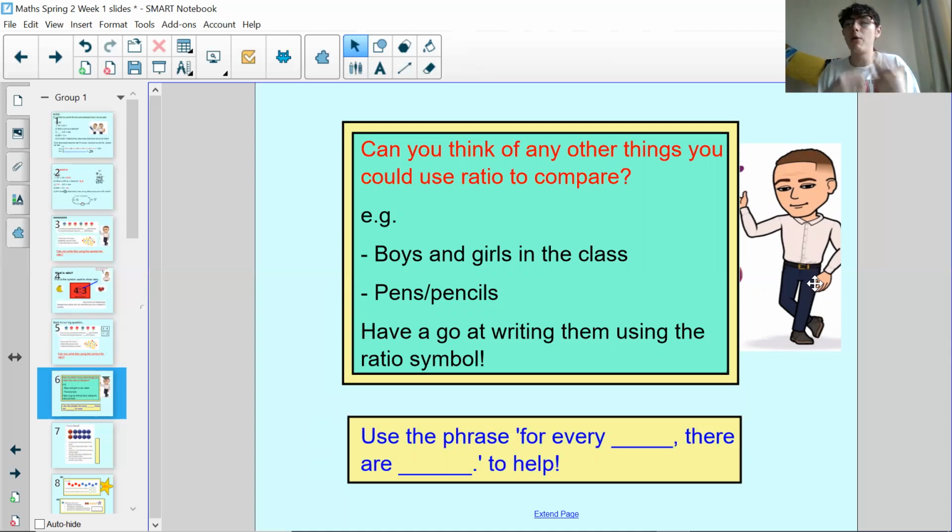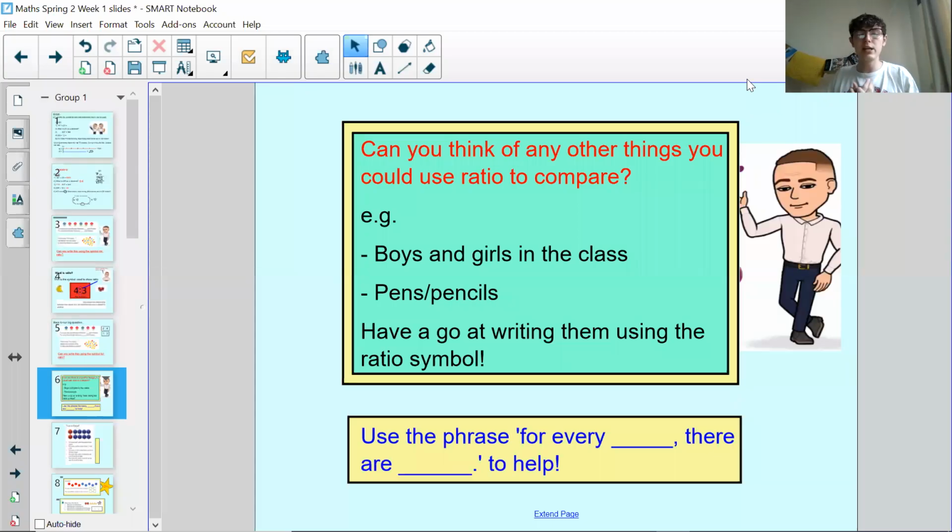Have a go at thinking about how many boys and girls are in the class, and have a go at writing a type of ratio, okay? Use the phrase for every blank, there are blank to help you, okay? So for every 5 boys in the class, there are 6 girls. You could write something like that, okay? So have a quick little go, give the screen a pause, and then we will move on, okay?